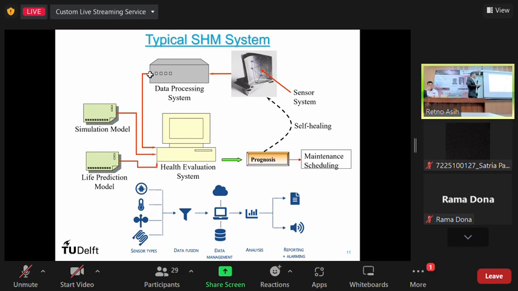These sensors are gathering the information and passing it to a data processing system using a data acquisition system. Then you have a control unit where you get the data and analyze it using simulation models or predictive algorithms, and also predict what's going on with the lifetime of the structure, what the abnormalities are, and so on. Once you evaluate them, you do prognosis, and based on that, you do maintenance.